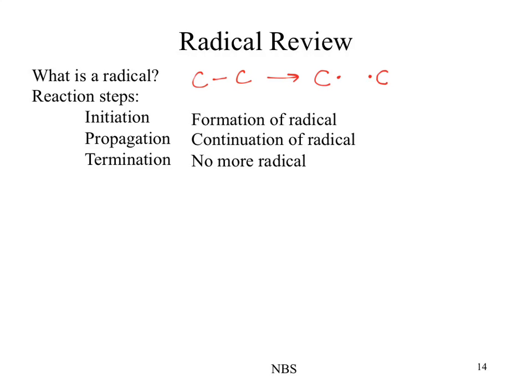If yes, that's an initiation step. Propagation. You start with a radical, but in the next step, you generate another radical. So that's the propagation. You don't lose the radical. It continues to proliferate. The termination would be? You don't have a radical anymore. You got rid of it. Okay?